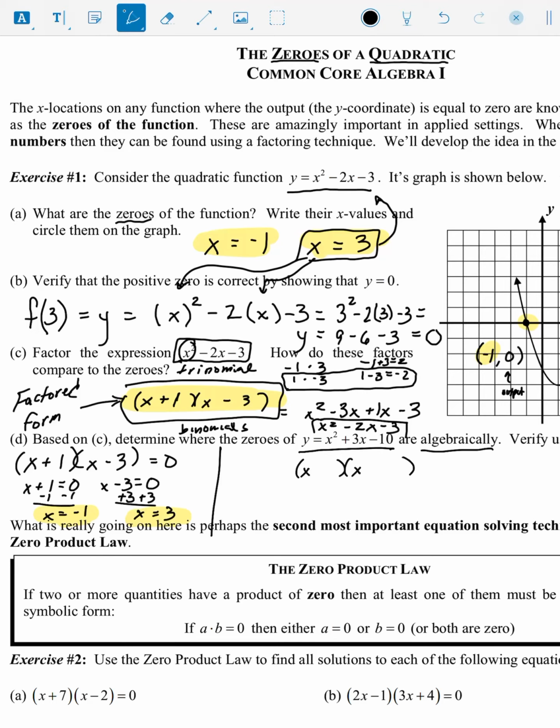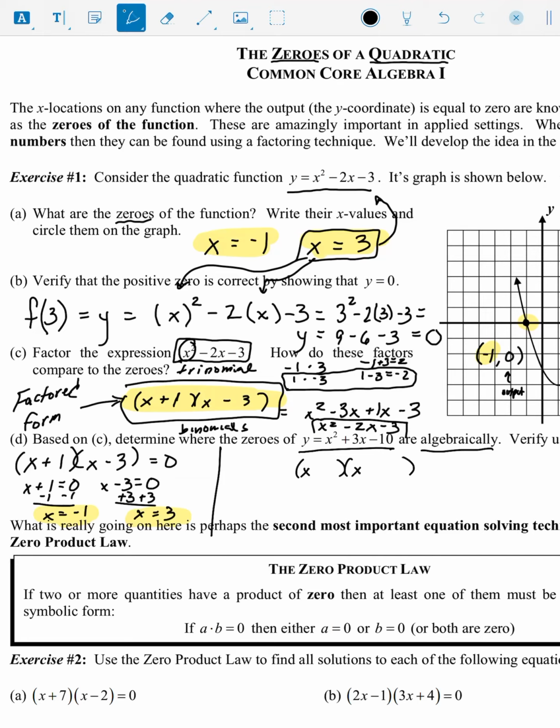Both binomials will start with my x variable, and my factors of negative 10 include 1 and negative 10, 10 and negative 1, 2 and negative 5, and negative 2 and 5.